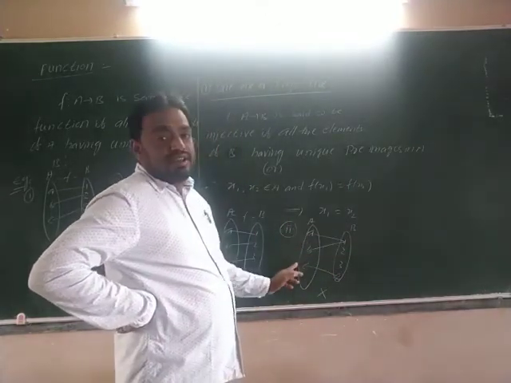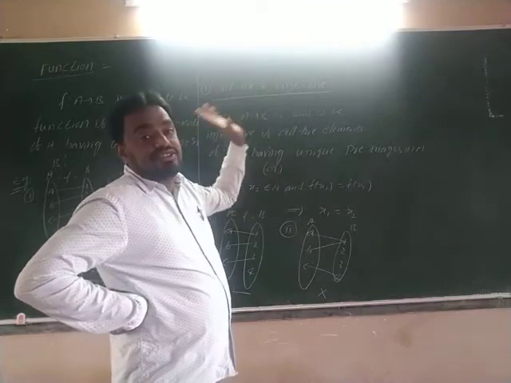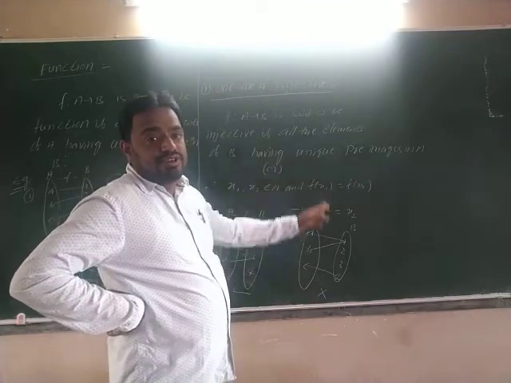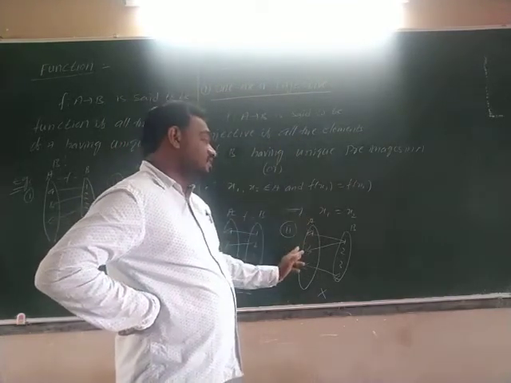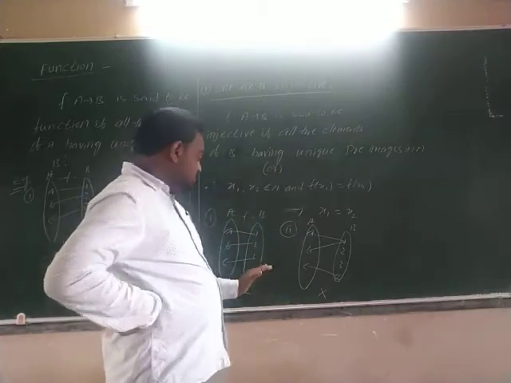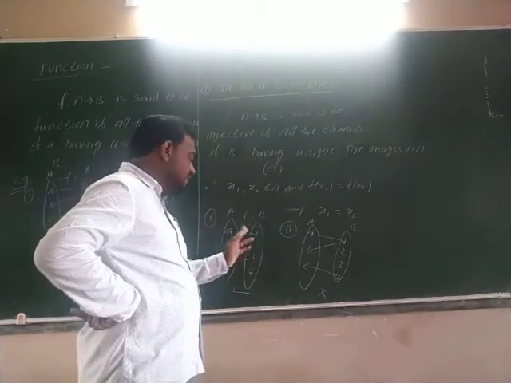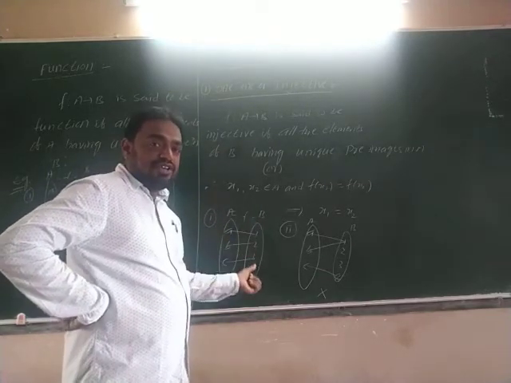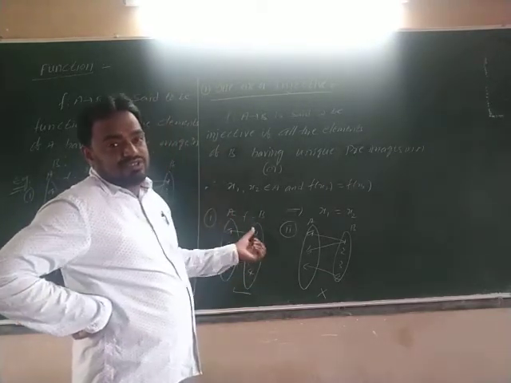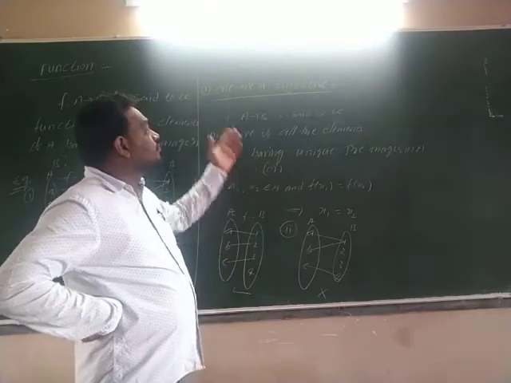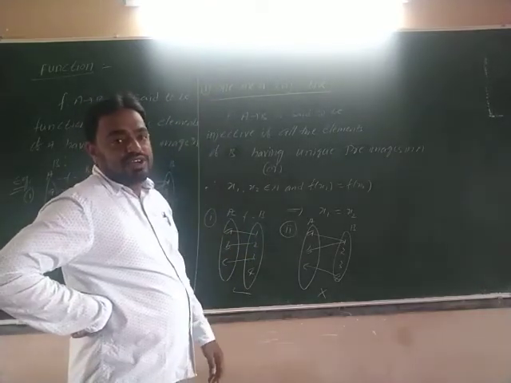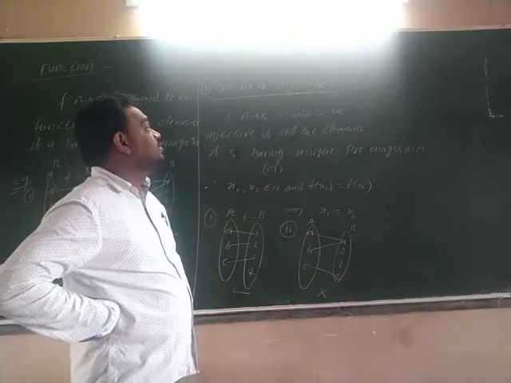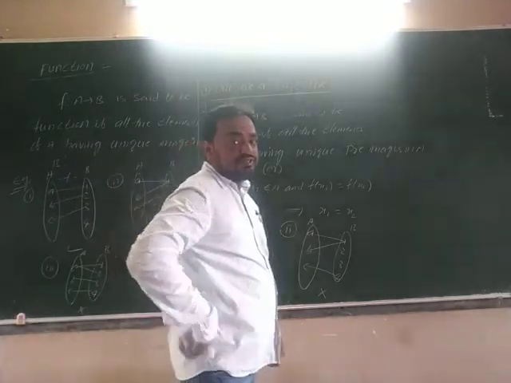So it is not a one-one or injective function. Understood? That means if every element in the codomain has a unique pre-image, then it is called a one-one or injective function. Right? This is the definition of one-one or injective function.